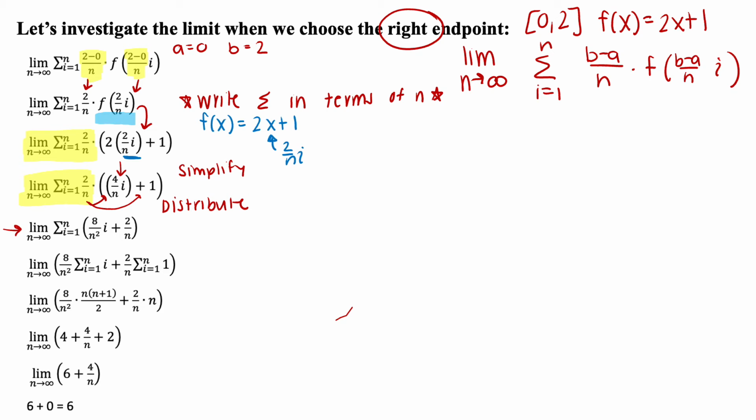Now in this next line, we are going to use the properties just like we did in the warm-up. So we're going to leave our limit on the outside, but we're going to take our summation and split it, and we're going to bring our constants out front.